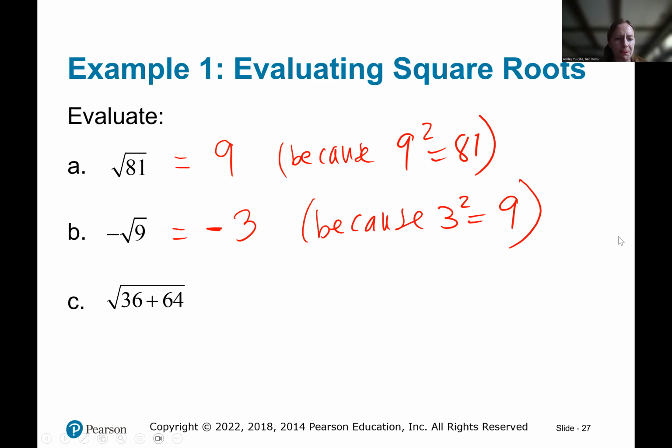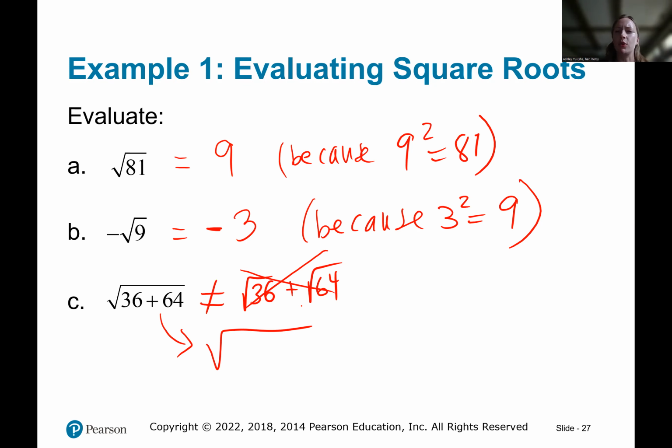And then this part, they're trying to trick us. I don't want anybody to think this is true. That's not the same as this. I can't split it into 2 roots like that. I do know there is a square root of 36, because 6 times 6 is 36. I know there's a square root of 64 because 8 times 8 is 64, but you can't split the square root. You have to simplify what's inside first. 36 plus 64.